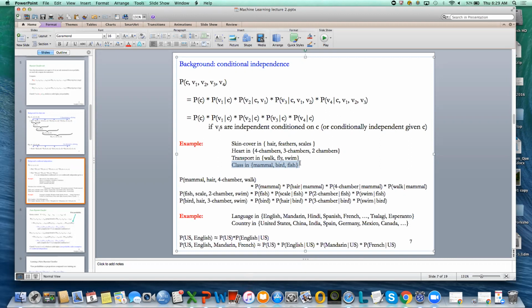And these classes have a number of features which are virtually, in some cases, definitional of the class, in other cases, almost definitional of the class. And if I take a look at, say, what is the probability of a mammal having hair and a four-chambered heart and walking? It's close to 1. And so this joint probability is very close to the probability of mammal times the probability that the mammal has hair times the probability that it has a four-chambered heart times the probability that it walks.